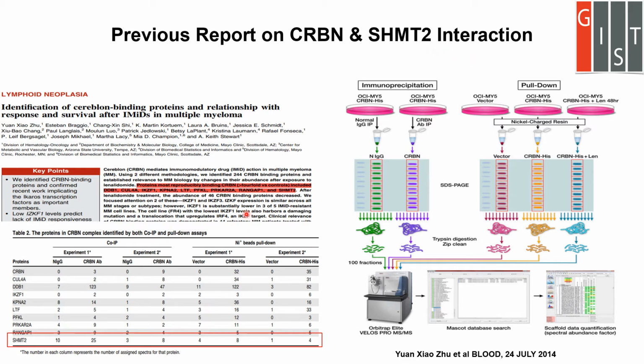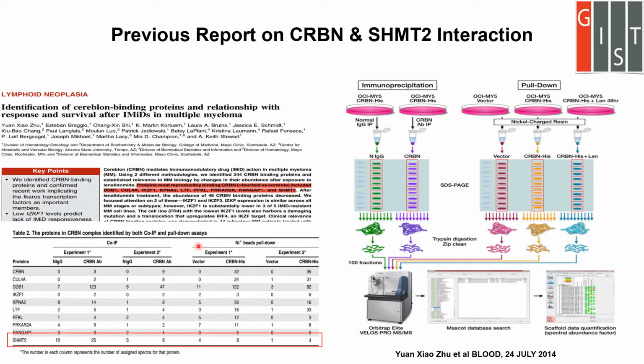According to these researchers, CRBN associates with about 176 proteins. Of this association, 10 of these proteins strongly interact with CRBN, one of which is SHMT2.